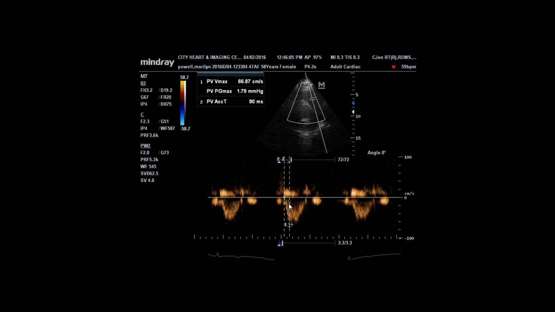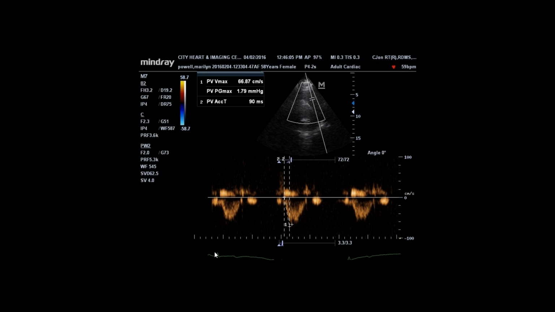It's below the baseline, suggesting that there's a flow moving in this direction. We know that the normal flow in the heart is from the right ventricular outflow tract across the pulmonic valve into the pulmonary trunk.